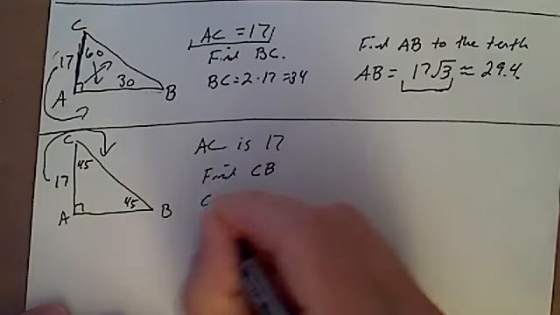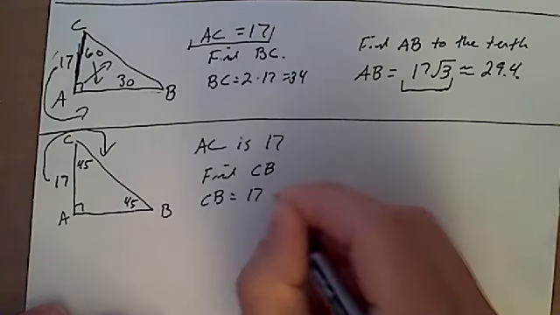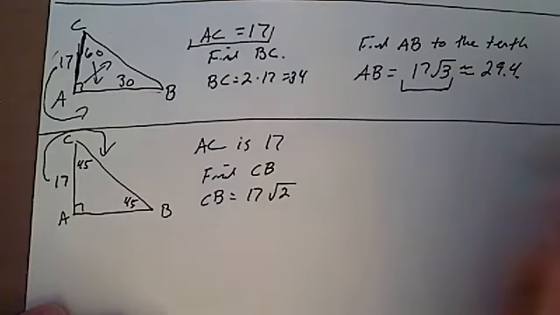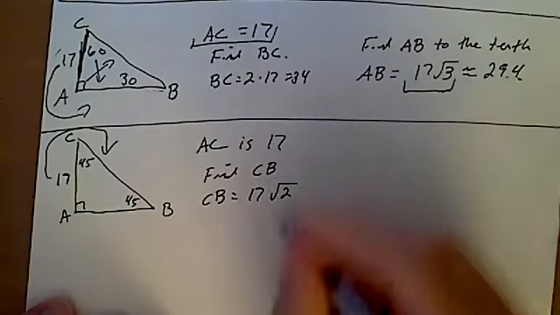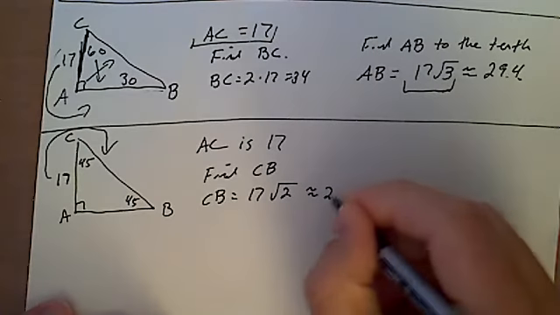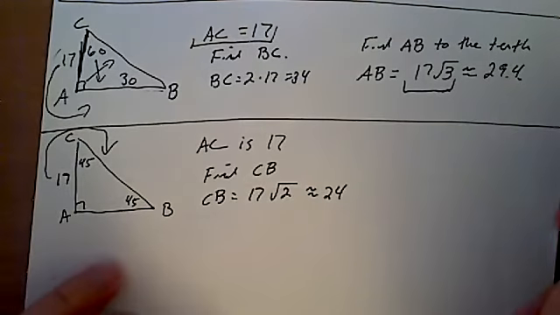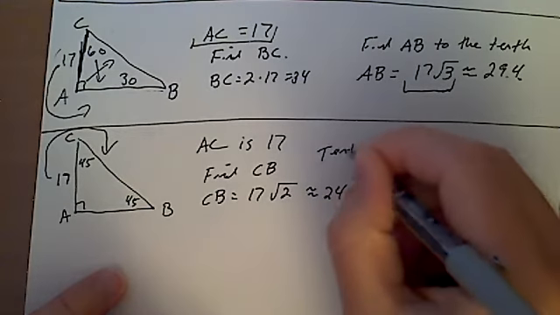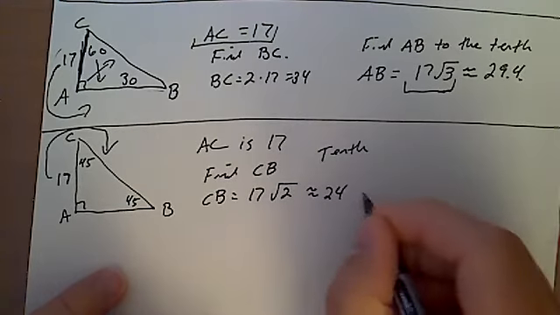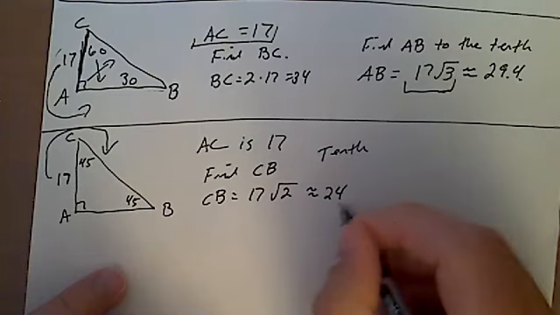So find CB. CB is 17 times the square root of 2. 17 square root of 2 is about 24. Again, this would be to the 10th. We get 24.04.